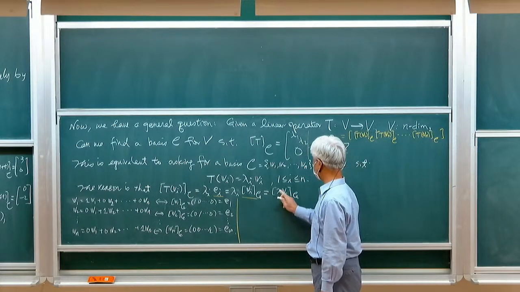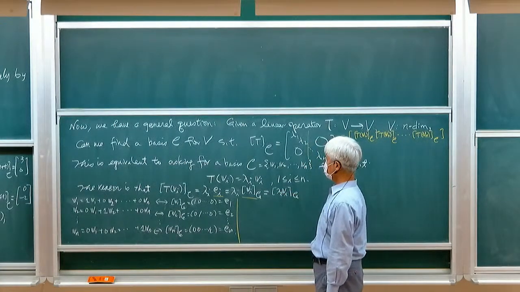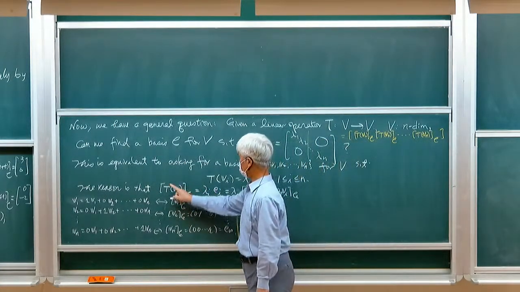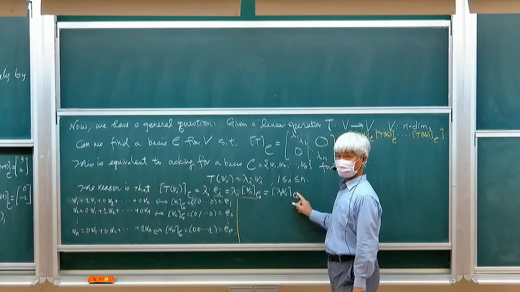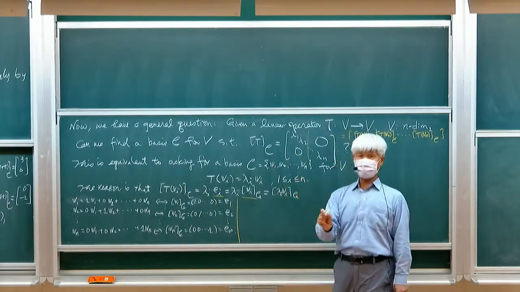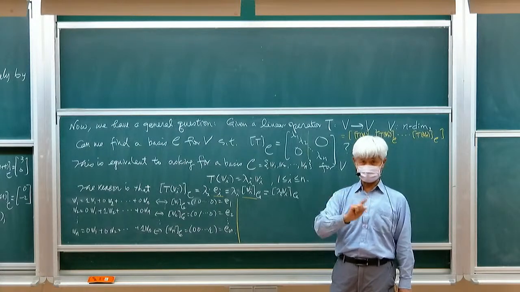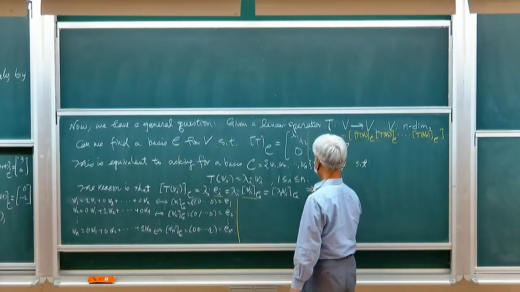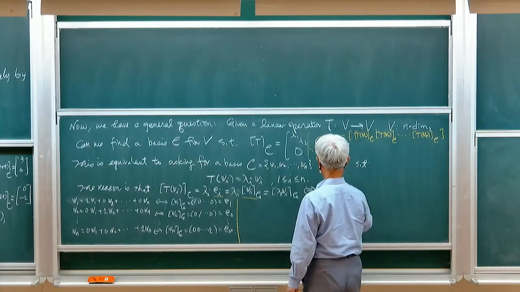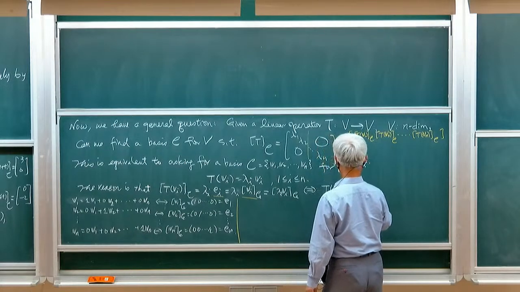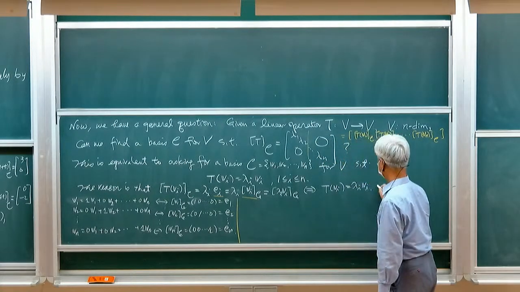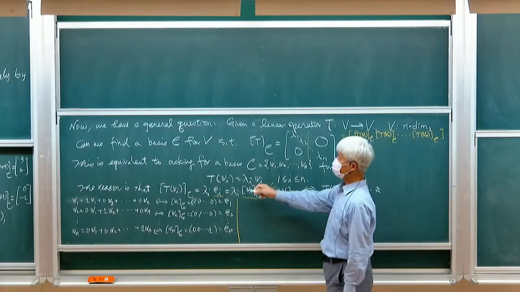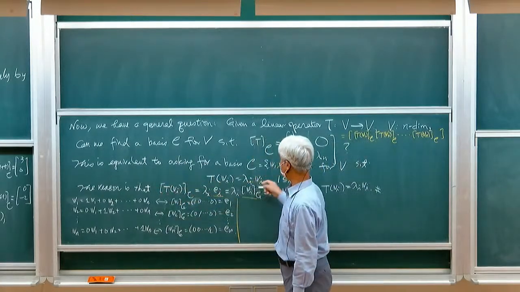So you get the C coordinate of TVi equal to lambda i times the C coordinate of Vi. And the C coordinate is an isomorphism, so it's one-to-one and onto. So this is saying that TVi should be equal to lambda i Vi. Okay, it's a simple proof to show why this is equal.